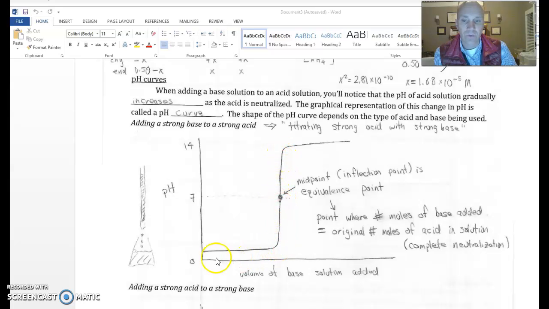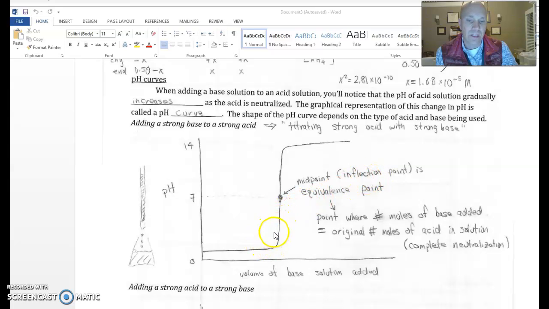One feature of this graph that is very important is this point right in the middle, which is called the equivalence point. From a graphical point of view, not talking about the chemistry, but just in terms of what this curve looks like, the equivalence point is what's considered the inflection point.